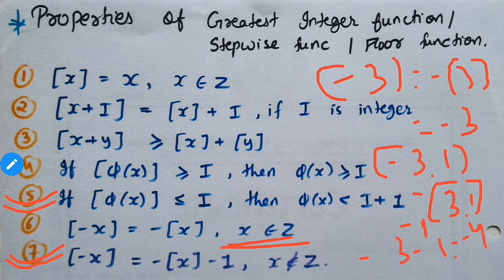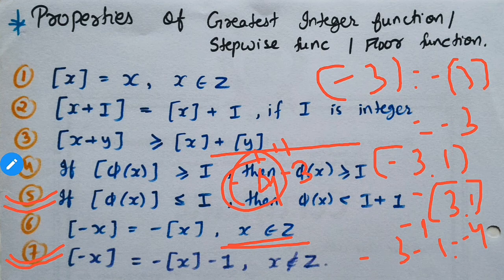When it's a negative number, on number line we move to the left hand side. So minus 3.1 will be somewhere here. So here it's minus 4. So minus 4 is our answer. By drawing the number line, we can easily know the answer. We have to always take the left hand side value. I hope you understood this.